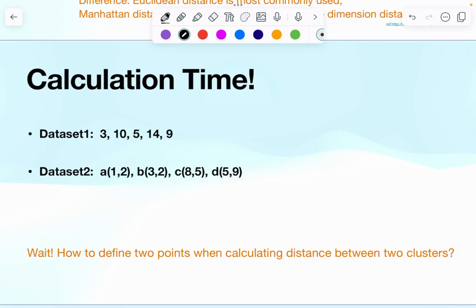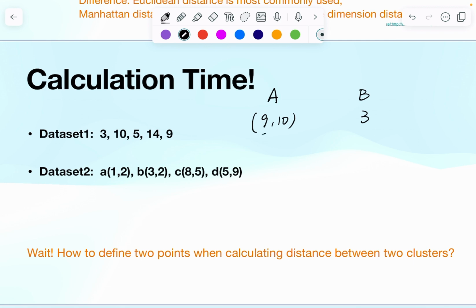Okay, so now I believe you already know how to calculate the distance. But there is another question. For example, when we merge 9 and 10 as a cluster, this is cluster A. And we have another point, cluster B. Now we want to calculate the distance between A and B. So how can we choose the start point from A?